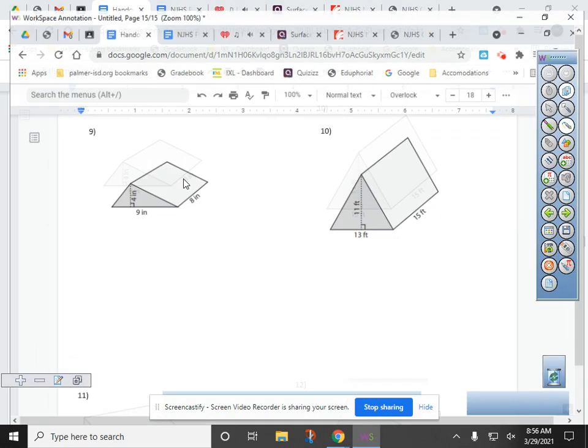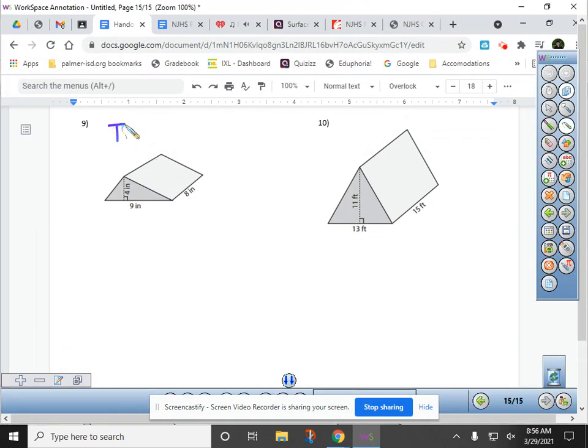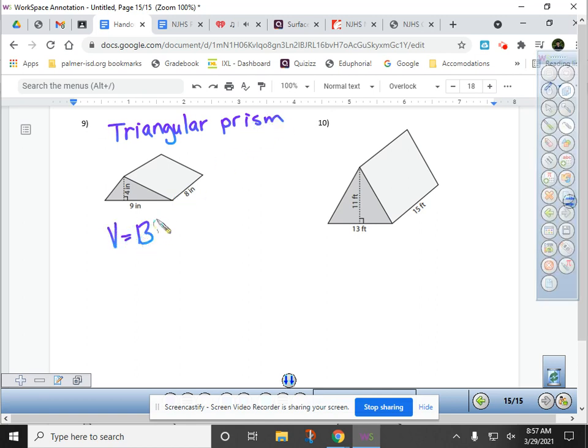What is the shape of it? So I've got volume equals the area of the base times the height. What was the area of the base?